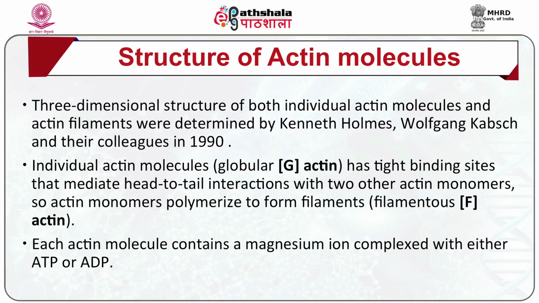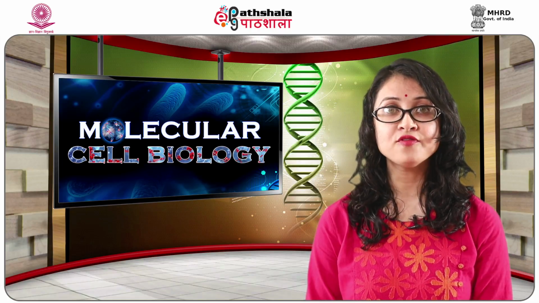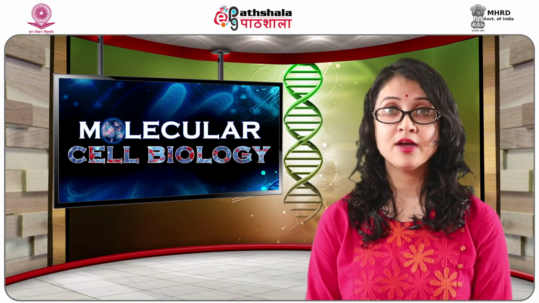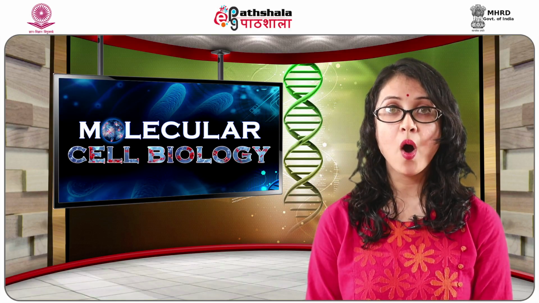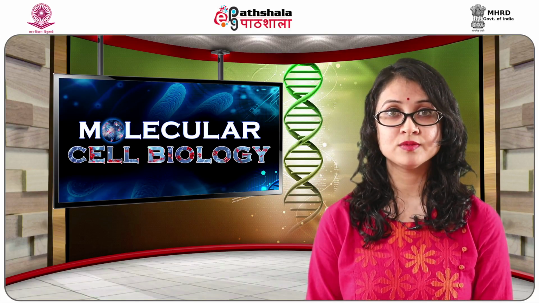So, actin monomers polymerize to form filaments called filamentous or F-actin. Each actin molecule contains a magnesium ion complexed with either ATP or ADP. The conformation of the molecule is affected by whether the ATP or ADP is attached.